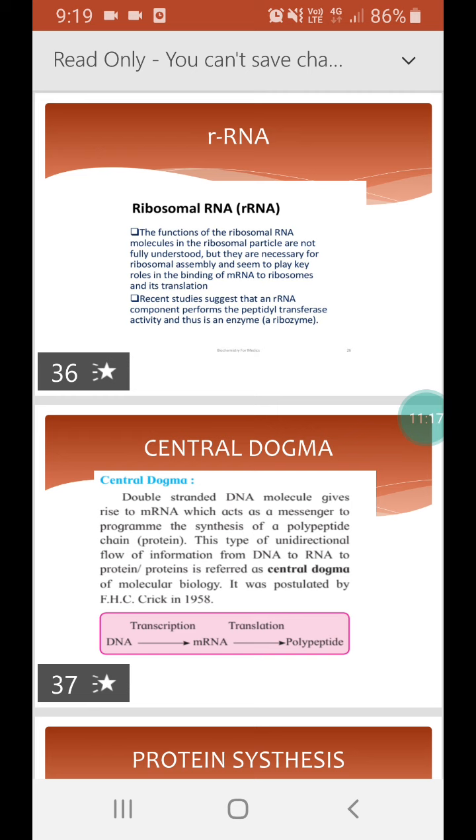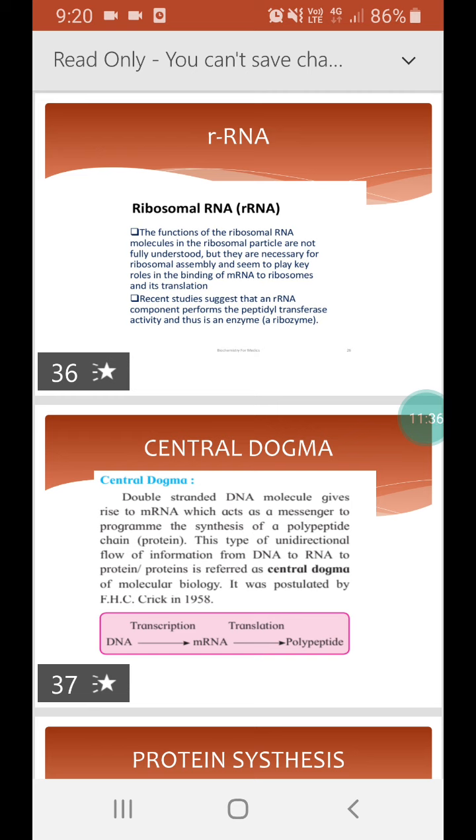In 1958, Crick proposed that DNA determines the sequence of amino acids in a polypeptide through mRNA, and this is the main principle, or central dogma, of protein synthesis, which involves transcription and translation.